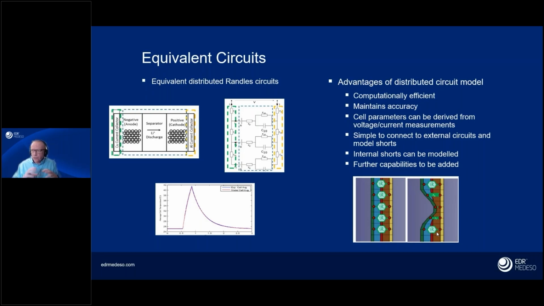So this is what we do. We impose our Randall circuits between our nodes, and this enables us to impose some electrical behavior on the system. It's a very mathematically efficient way of doing it, and it was quite easily integrated into LS-DYNA. One of the real strengths is that it enables us to model things like internal shorts.